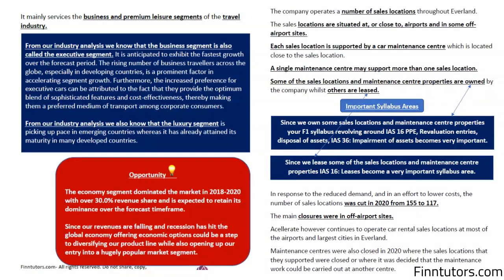It's an opportunity, right? Since our revenues are falling and recession has hit the global economy, offering economy options could be a step to diversifying our product line while also opening up our entry into a hugely popular market segment. So, maybe under a new brand name, or under the same brand name, start offering economy segment rentals. It's a definite opportunity that we must look at.